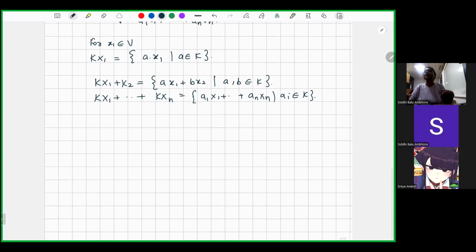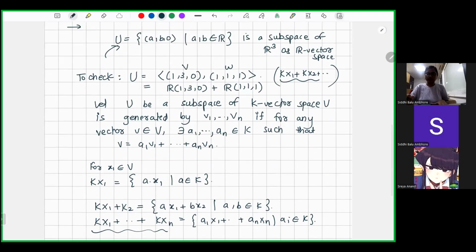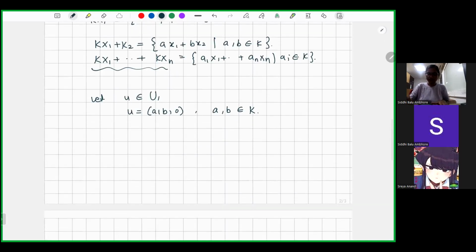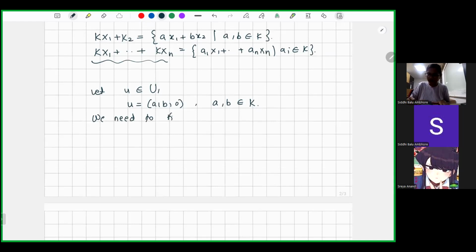We start with some element from my subspace U and check whether I can write that element in this form, whether I can find coefficients such that the linear combination of v and w gives me my element from the subspace U. So let u belong to U. Then we know that u is of the form (a, b, 0), where a, b belong to K. We need to find p and q in K such that u is equal to pv plus qw.